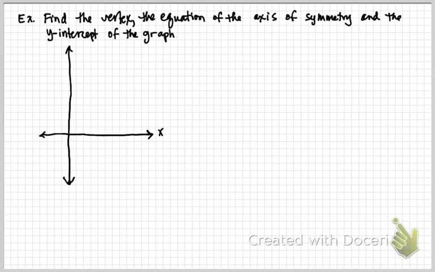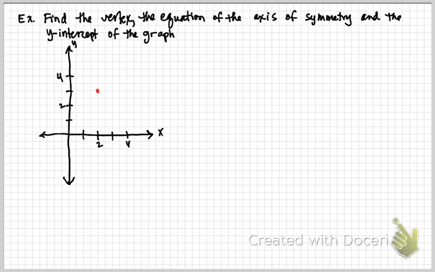So here's your x, here's your y. Have some important points that we're going to have. One at 2, 4. Or no, sorry. One at 2, 3. We'll have another point that's going to be at 0, -1.